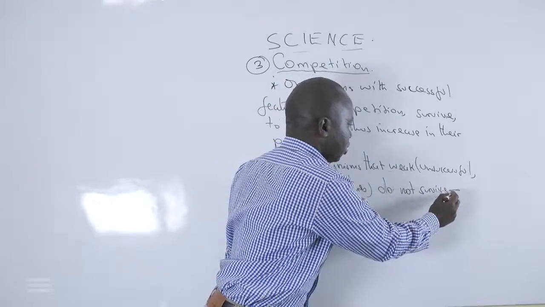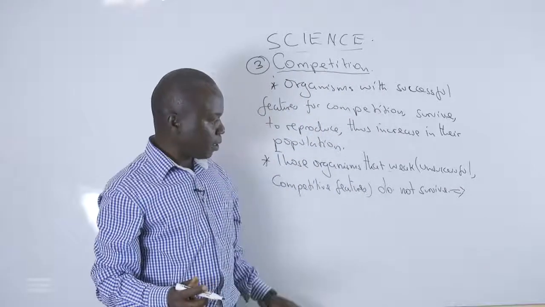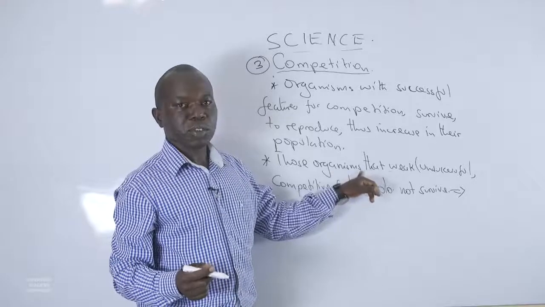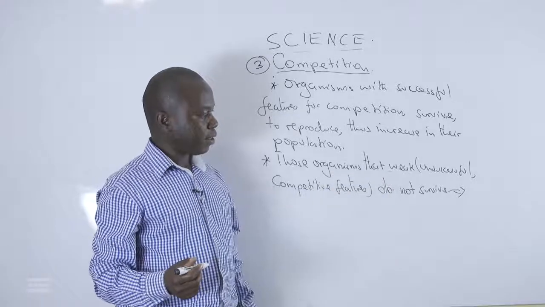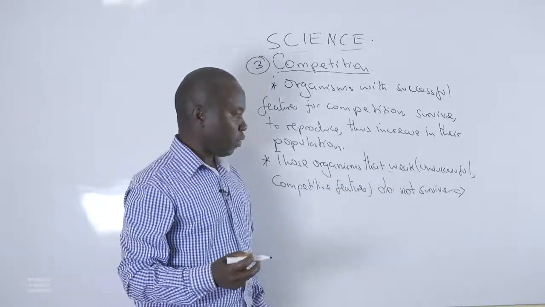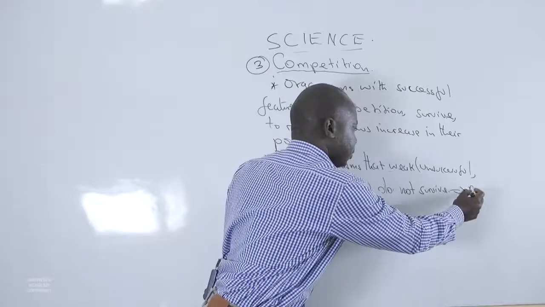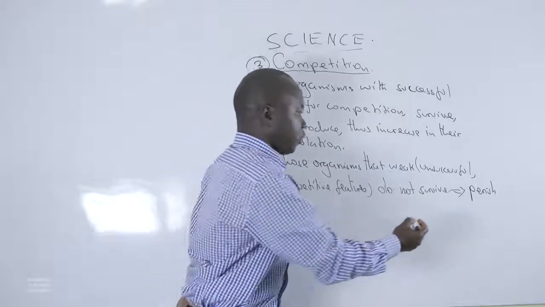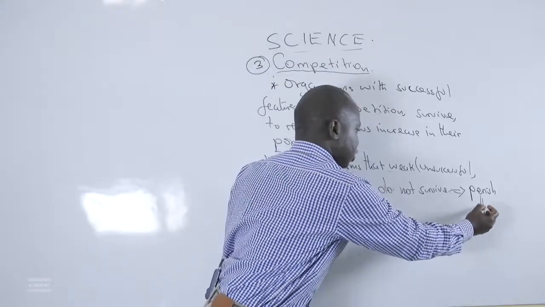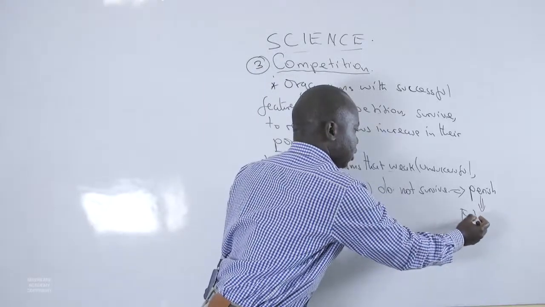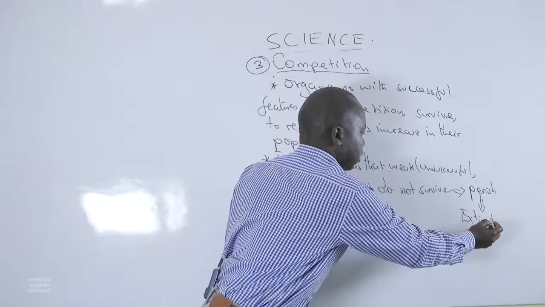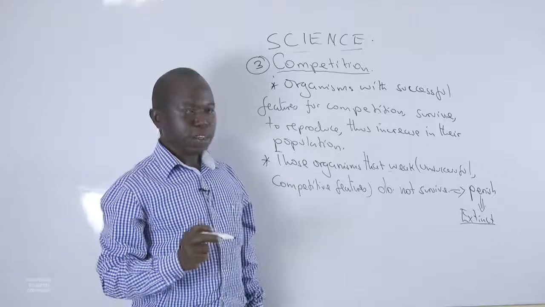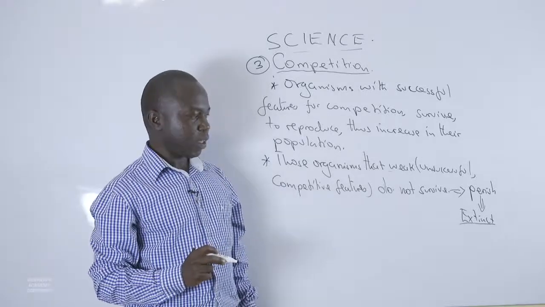Because they are not surviving, it means that the lineage of such organisms usually disappears from the surface of the earth. They perish completely. That perishing can also be equated to extinction. They get extinct. Extinction is disappearance completely from the surface of the earth.